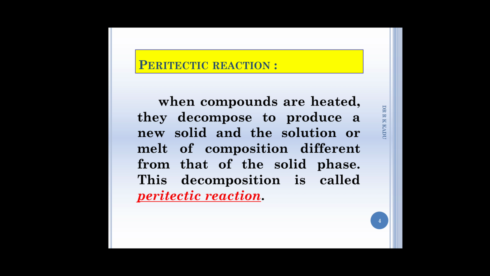Now, in this topic, one of the important terms is a peritectic reaction. So what does it mean? When compounds are heated, they decompose to produce a new solid, and the solution or melt of composition different from that of the solid phase, and this decomposition is known as peritectic reaction.